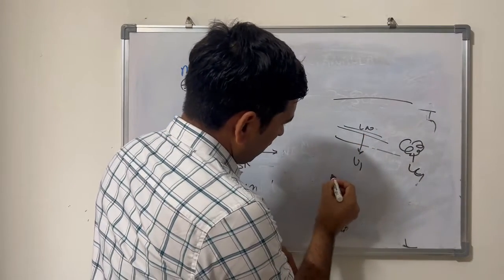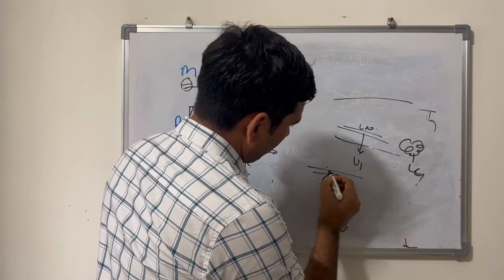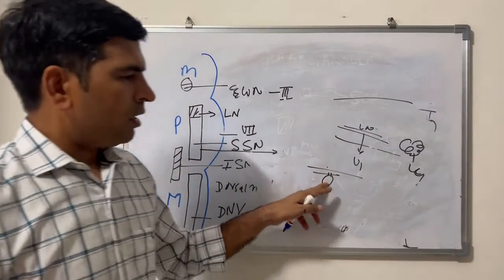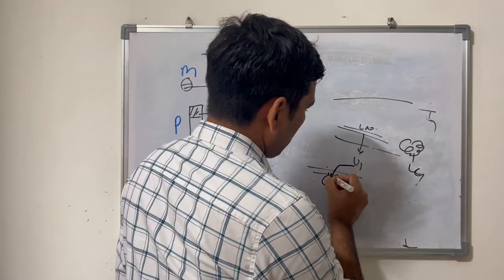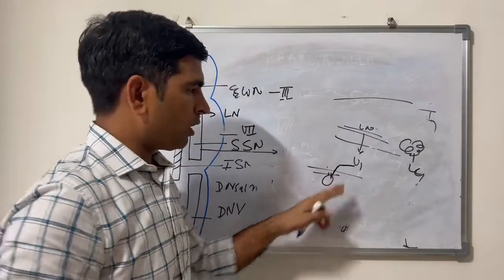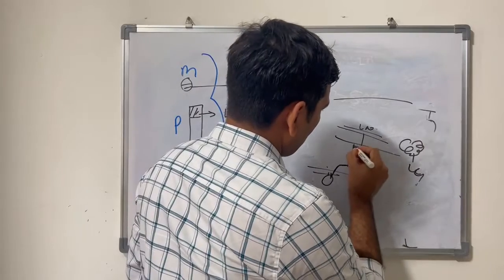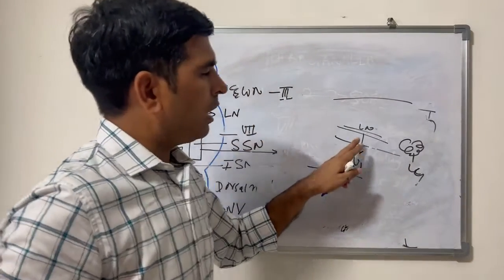And this is the pterygopalatine ganglia. This ganglia has some fibers going through the zygomaticotemporal nerve, which connects this nerve with the lacrimal nerve.